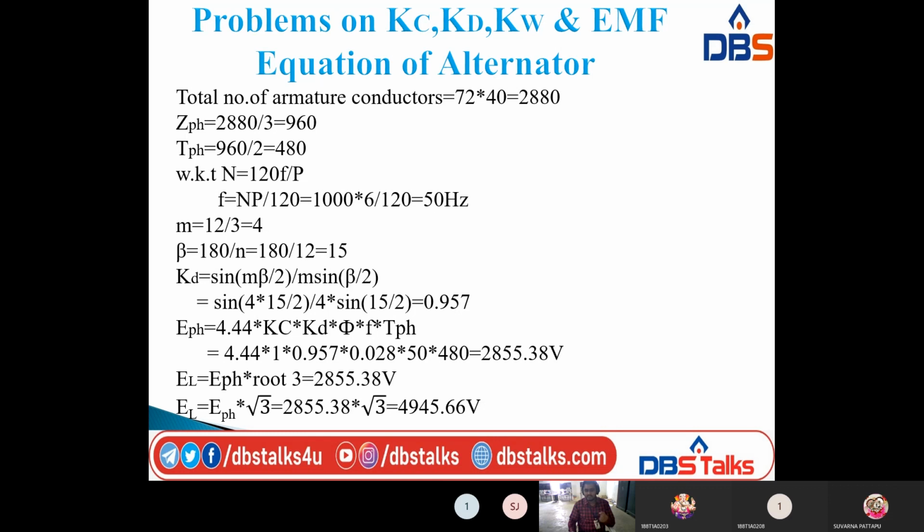After substituting all these values, we have the phase voltage 2855.38 volts. Based on that phase value we calculate the line voltage. Because it is a star connection, I take E phase into root 3. So 2855.38 into root 3 gives 4945.66 volts.